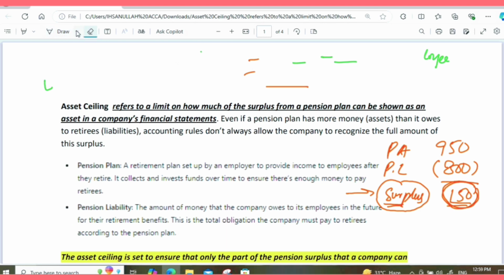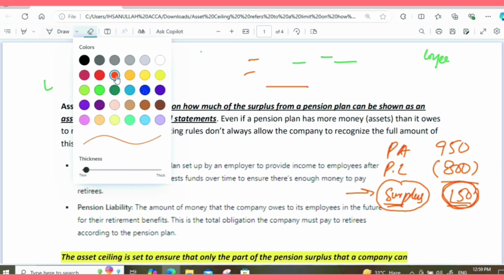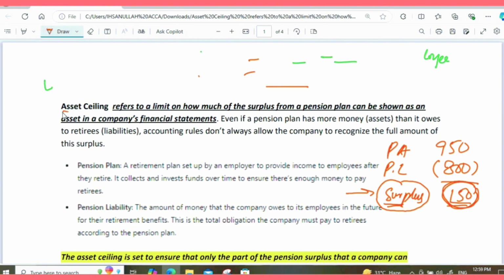Okay, now just look at the definition. What does it mean? Asset ceiling refers to the limit on how much of the surplus, meaning this 150, from the pension plan, pension asset and pension liability, can be shown as an asset in the company's financial statement.